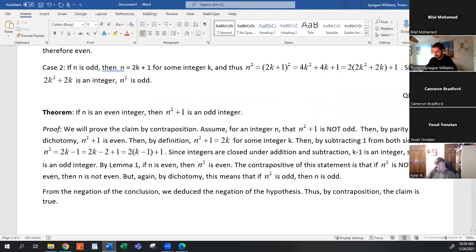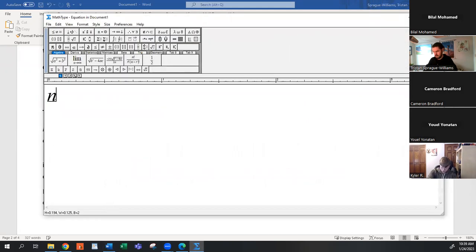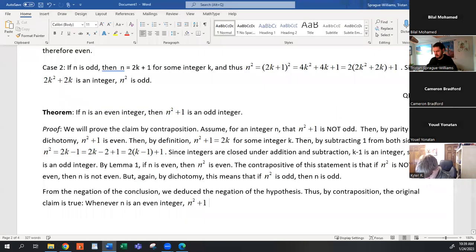The original claim: whenever n is even, n squared plus 1 is odd. Good.